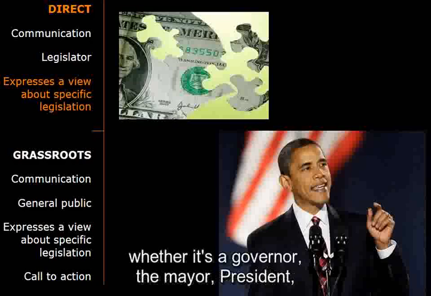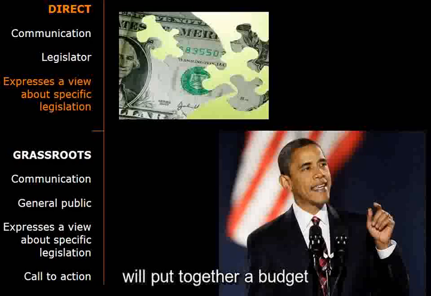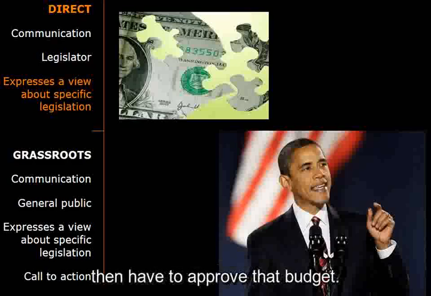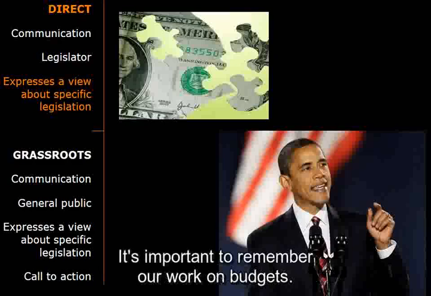Usually the executive, whether it's a governor or a mayor or the president, will put together or propose a budget, and then Congress or your state legislature has to approve that budget in most states or most cities.